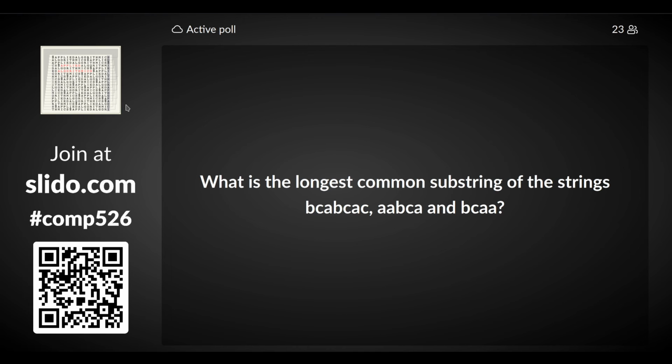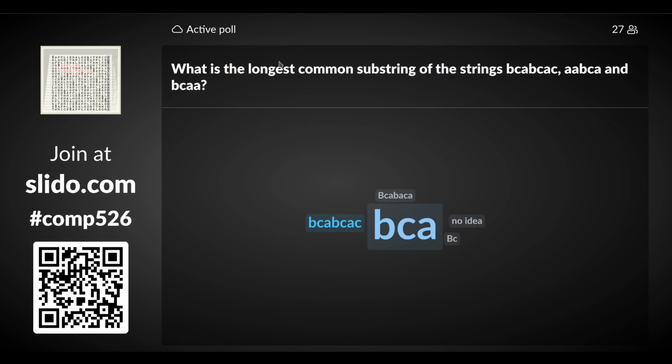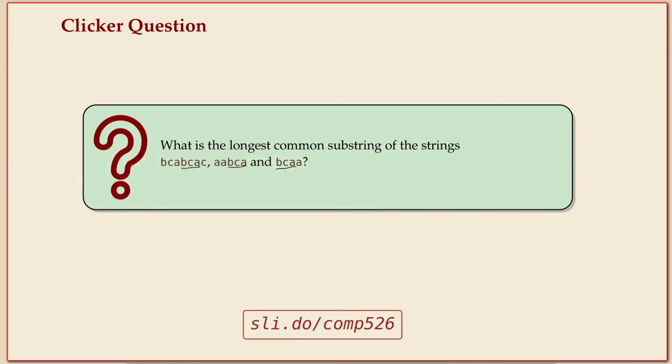I want to show you the algorithm before we run out of time, so I'll show the results. BCA is the right answer, right? That occurs here and here and here. And here it occurs actually twice. In this first string, it even occurs twice, but that doesn't hurt. So we hope to find this BCA.